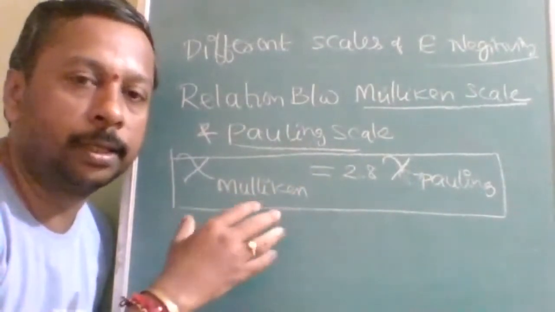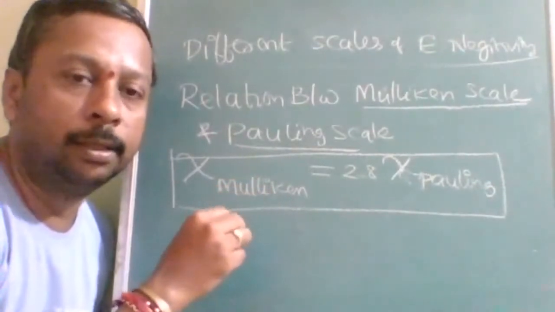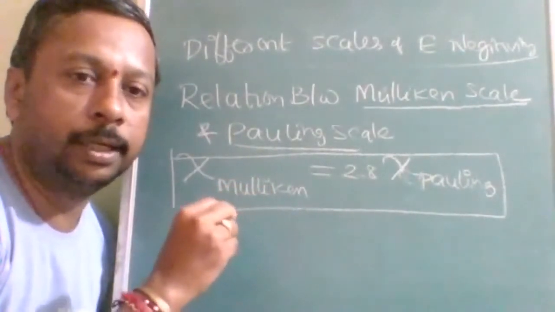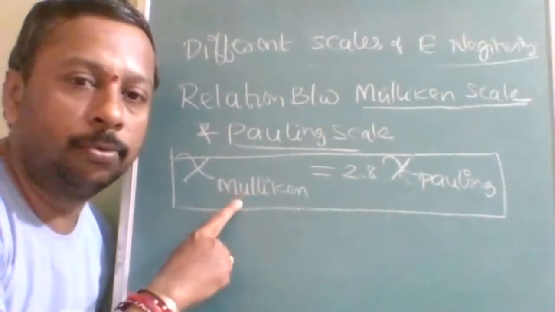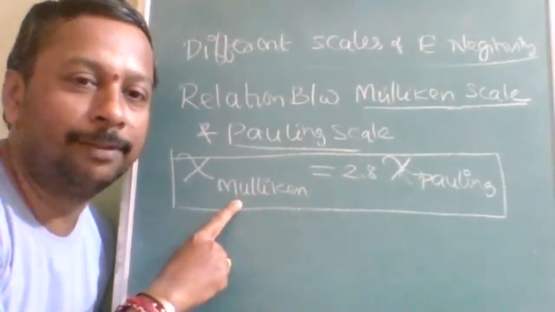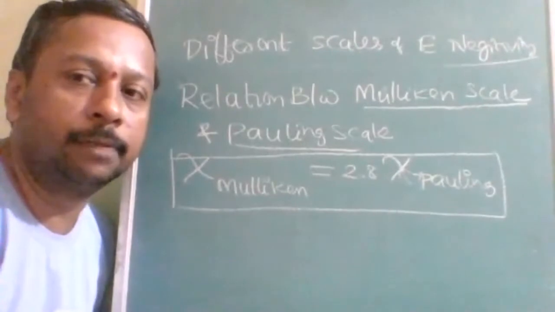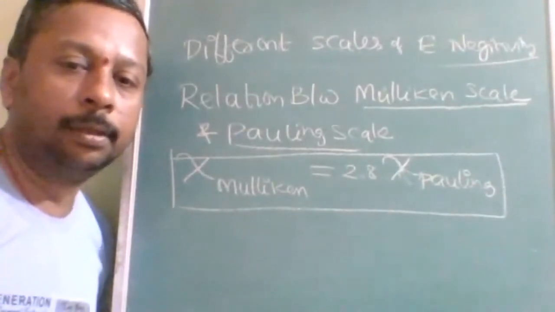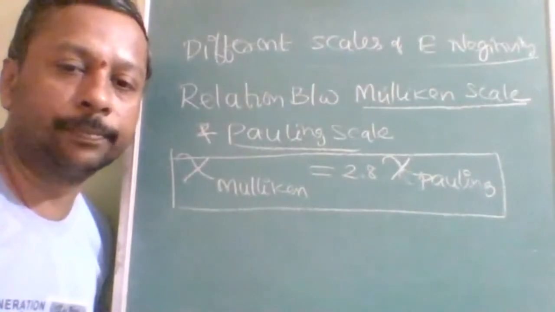This will be the shortcut method, provided you have both facilities, like you are provided with ionization energy, electron affinity and bond energy. So it is better to calculate the Mulliken electronegativity, then convert into Pauling. Pauling calculation itself is complicated. So this is a relation between them, and you can use it as a shortcut.